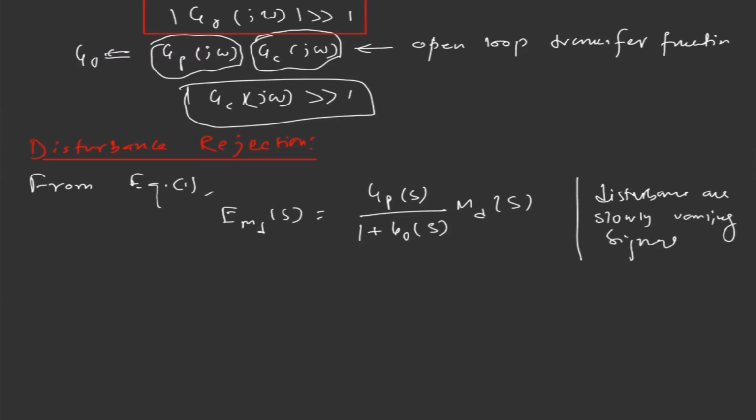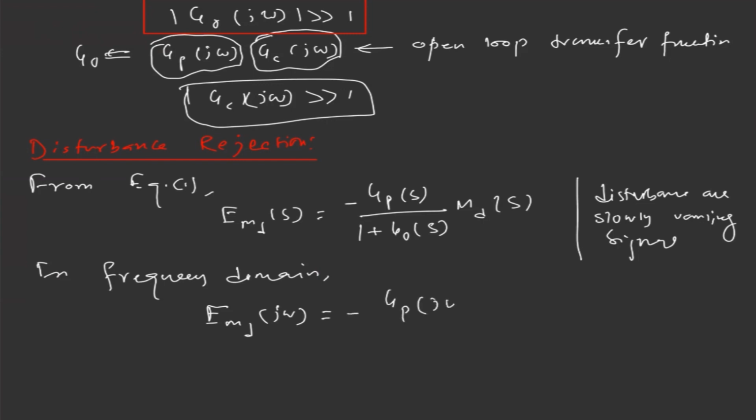If we write this equation in the frequency domain, we can write E_MD j omega equal to, this should be minus, G_P j omega upon 1 plus G naught j omega, M_D j omega.